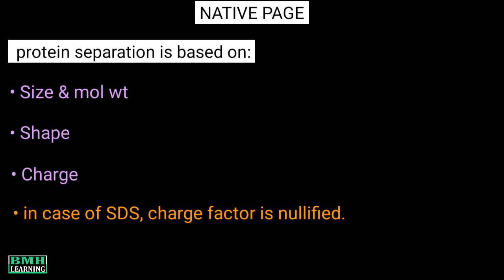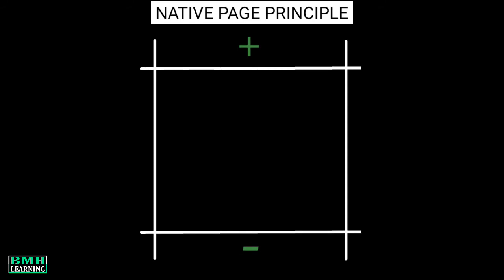To understand the concept of native PAGE in detail, let's talk about the principle of native PAGE. First, we take a brief look at the SDS-PAGE procedure. As we know, treatment of protein with SDS makes the protein linearized, and protein comes under the influence of negative charge.